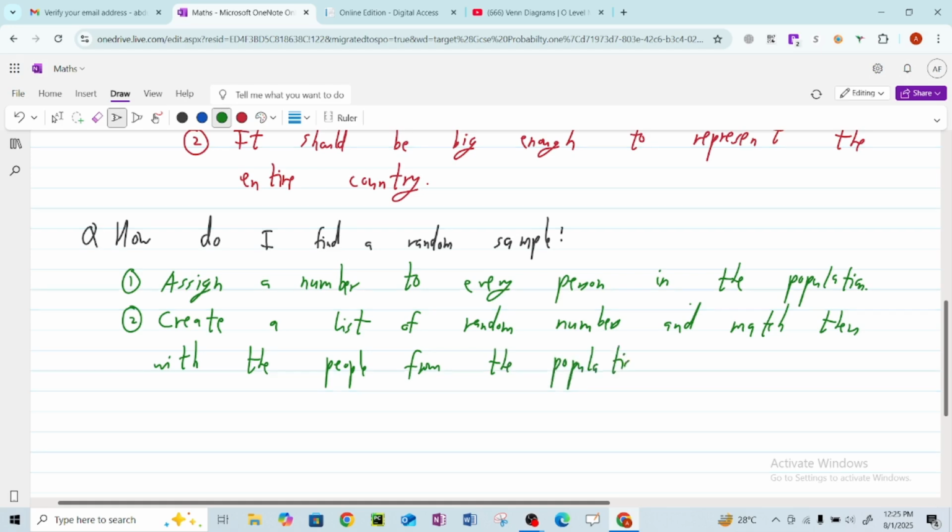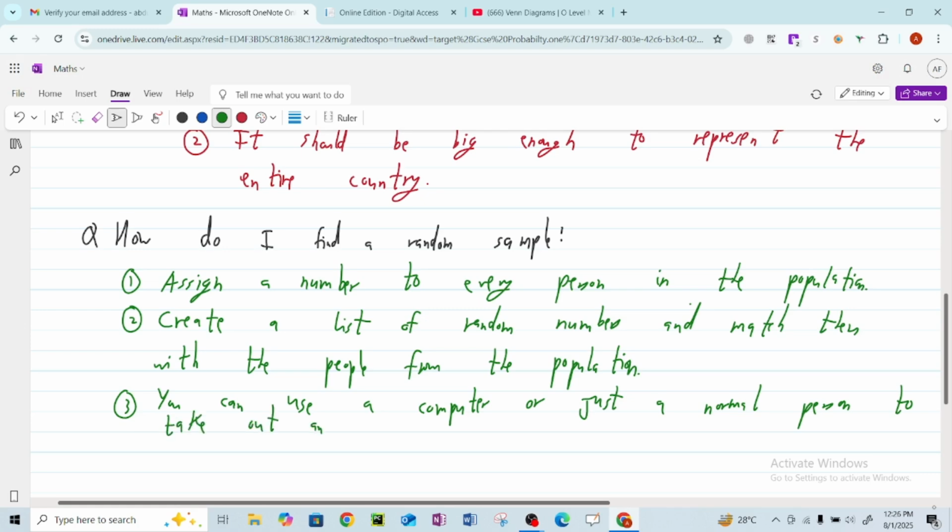So that's why every person will have an equal chance and not just one person can get an advantage. And thirdly, you can use a computer, let's say, or just a normal person, to take out and match the random numbers.